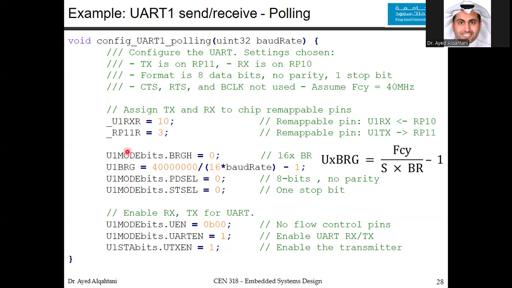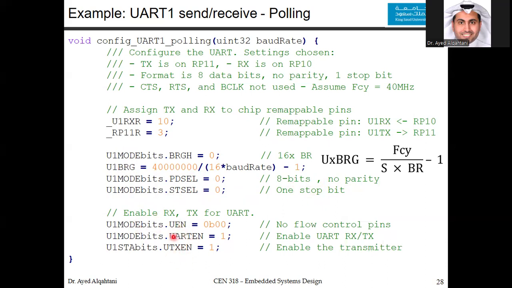Now for more mode bits that we need to set up, we have 4 more mode bits. The parity data selector is 0, 0, so it's 8-bit with no parity. The stop bit selector is equal to 0. So we have 1 stop bit.